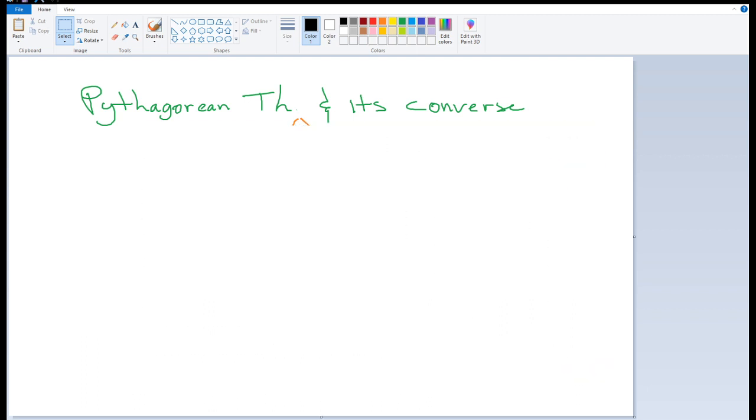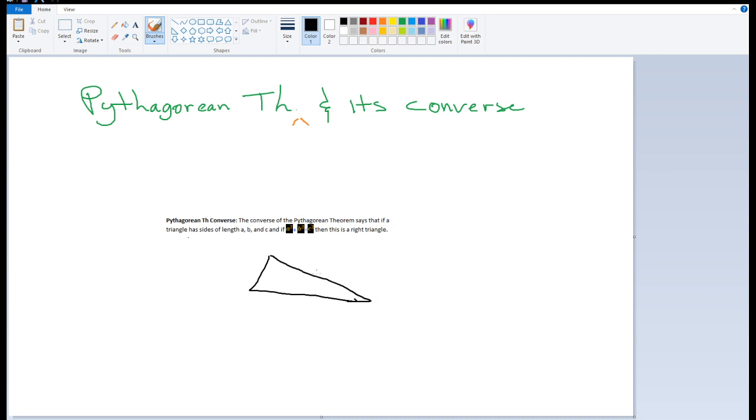Basically, if we have a triangle with sides a, b, and c, and we take a squared plus b squared and get something equal to c squared, that would imply that this angle, and thus the triangle, is a right triangle.